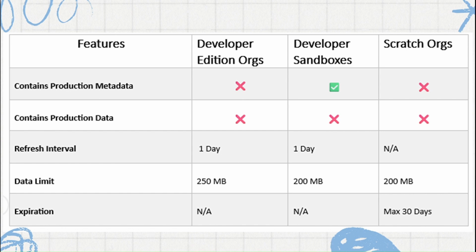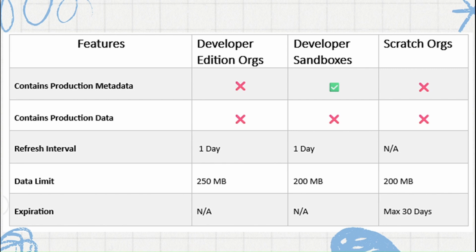Coming to data limit, developer edition has 250 MB of data storage. Developer sandbox has 200 MB, which is 50 MB less. Scratch orgs are similar to developer sandboxes.